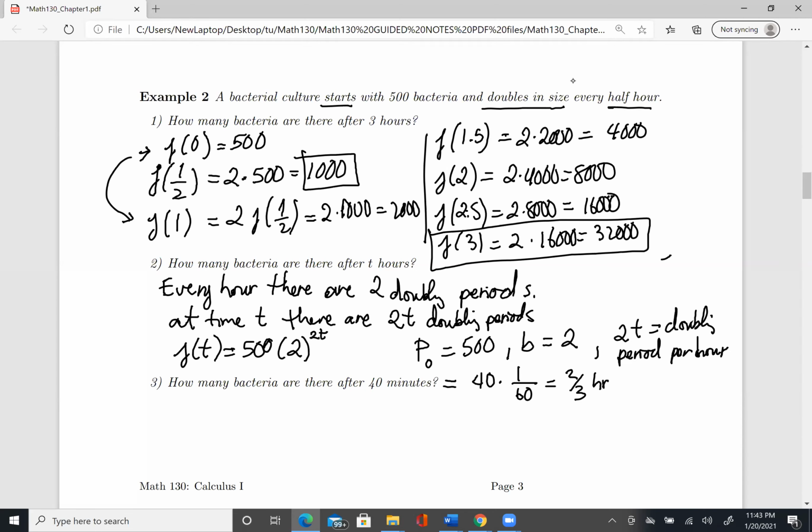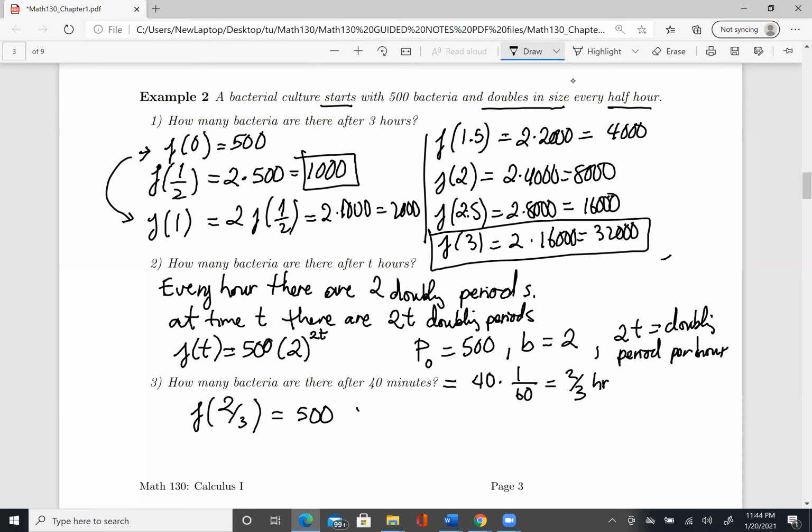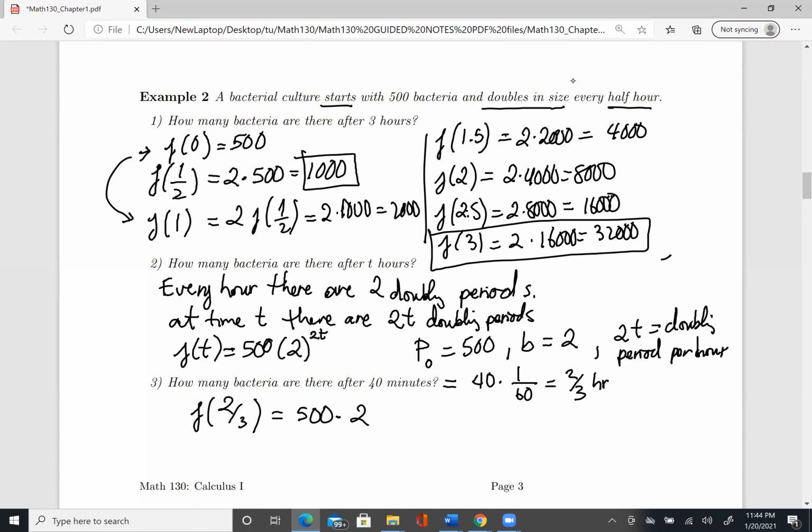So now you can apply f of 2/3 equal to 500 times 2 to the power 2 times 2/3.